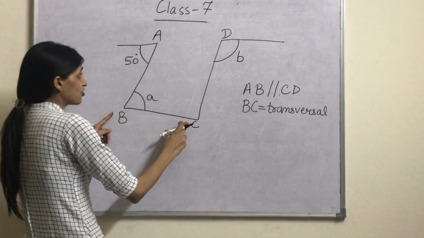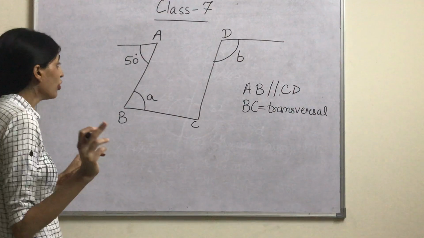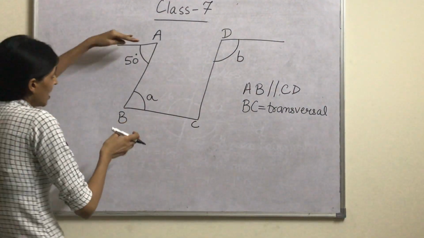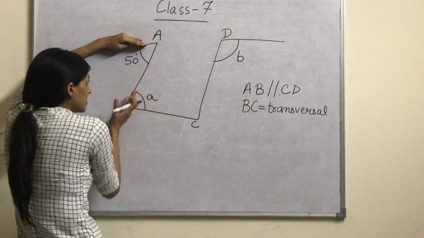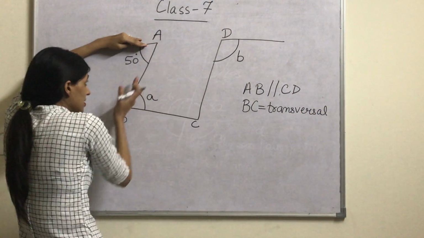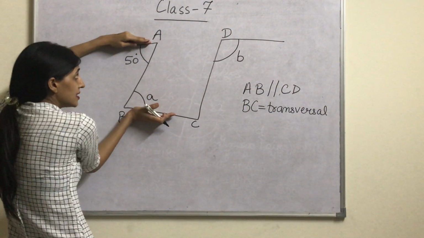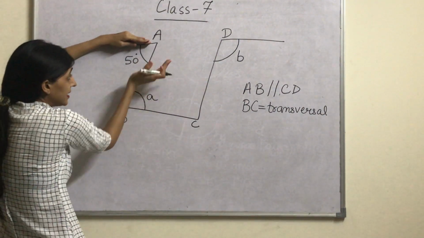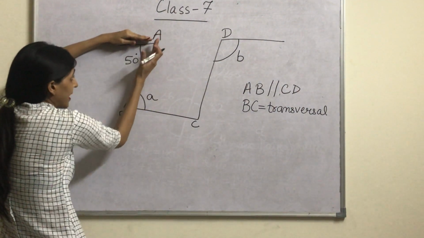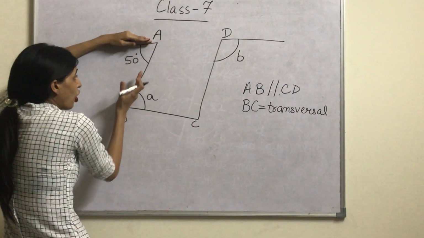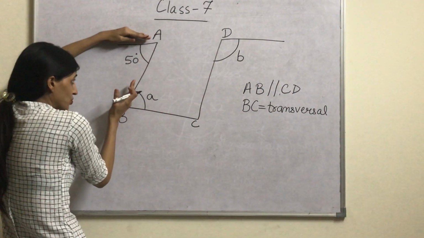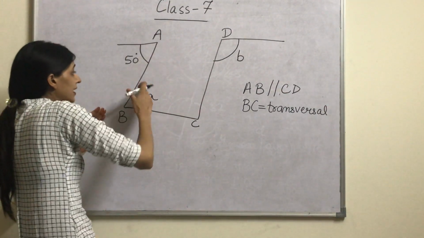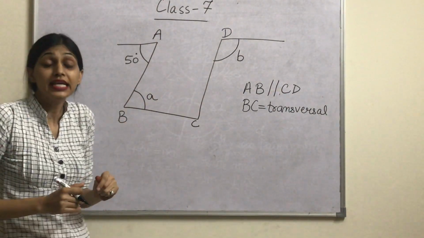If you look carefully, these two lines are cut by this transversal, right? I already told you, when two lines are cut by a transversal, then alternate interior angles are equal.